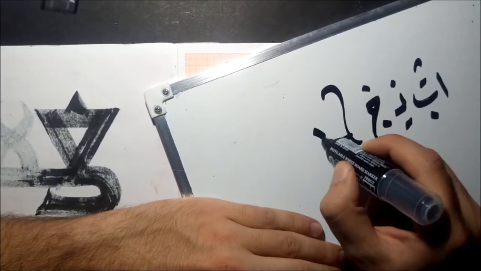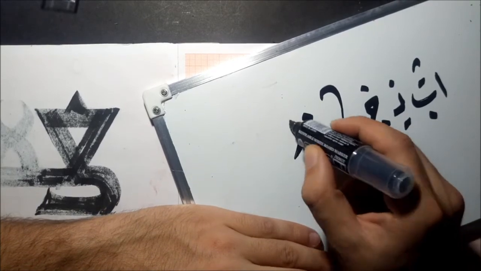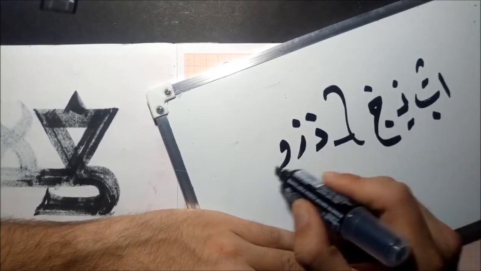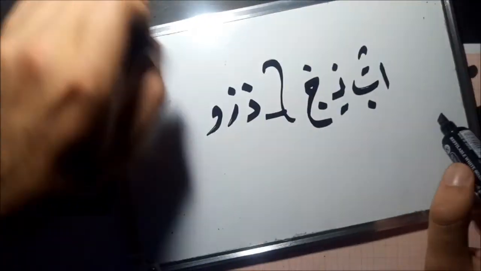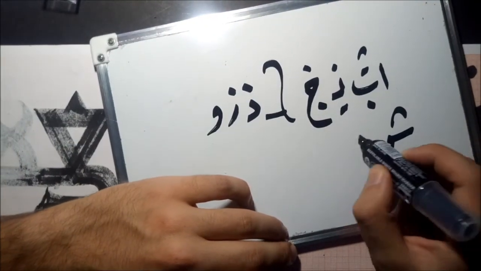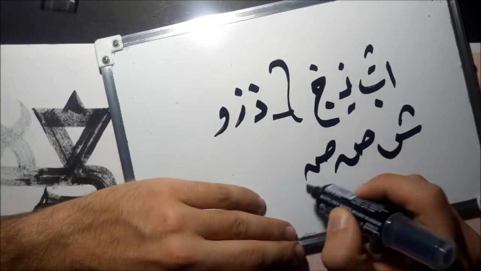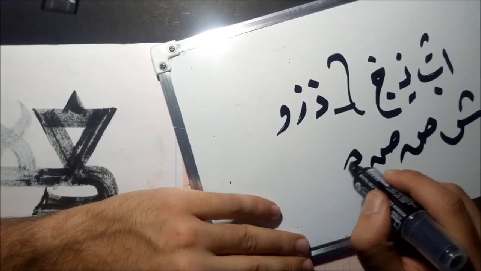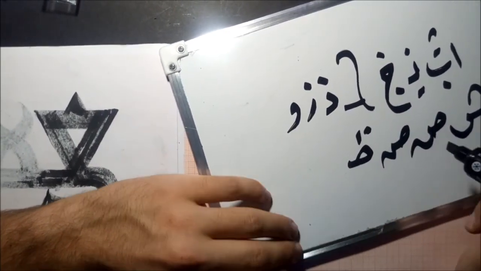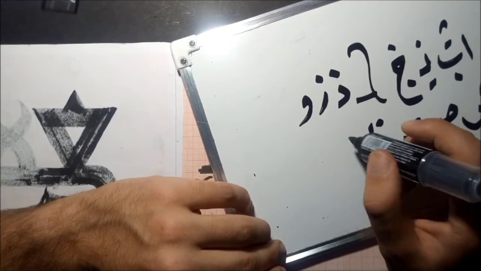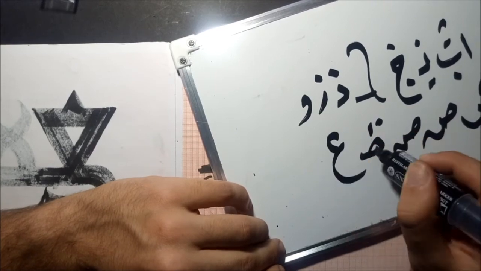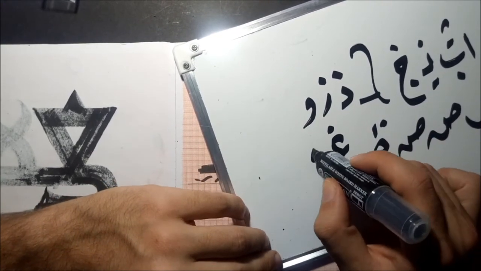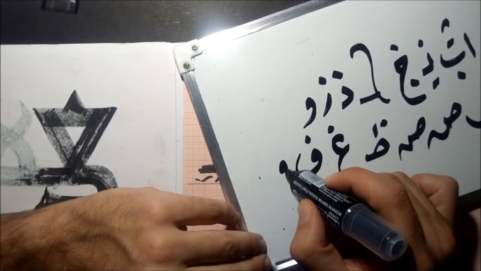We've talked about the dal, the ra, zain, and the waw with several shapes to them. We discussed the sin, the sheen, and the sad, dad, and the ta, ba. Also the lesson before this one, we discussed the ain and the ghain, and today we talked about the fa and the qaaf.